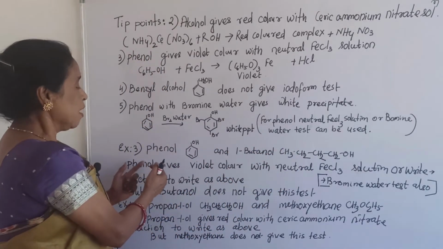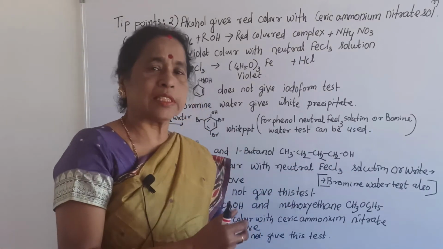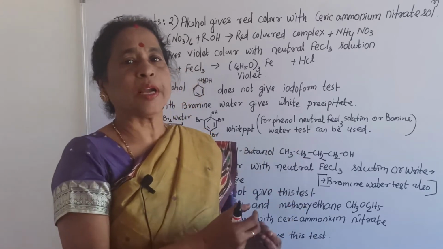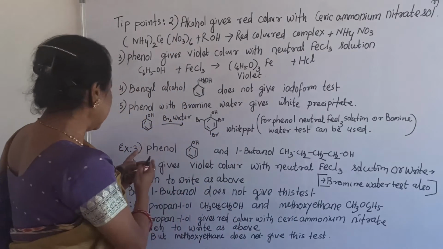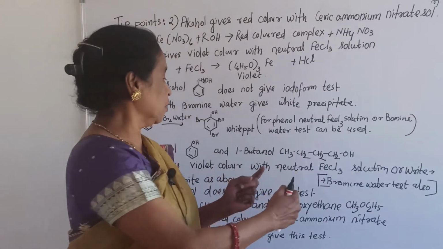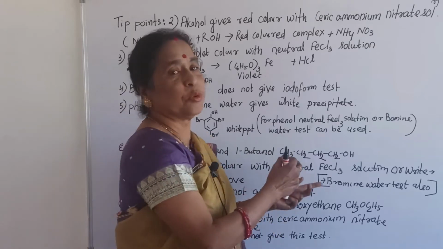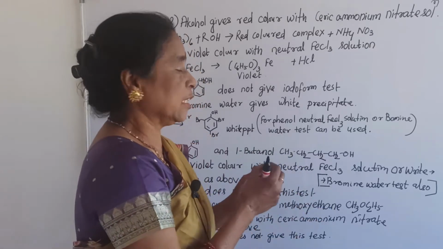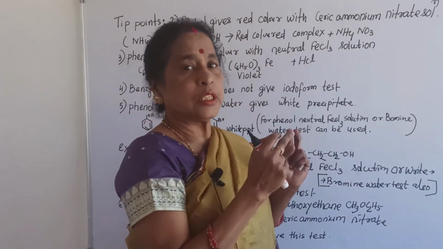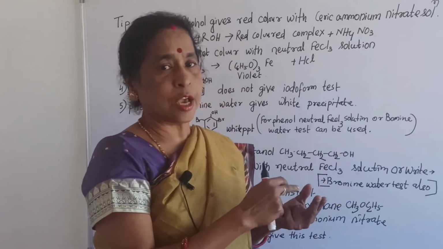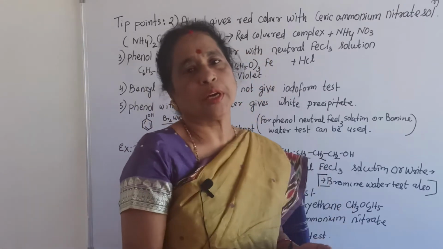Here you can say phenol gives violet color with neutral ferric chloride solution, or with bromine water it gives a white precipitate, whereas 1-butanol does not give these two tests, either with neutral ferric chloride solution or with bromine water solution.